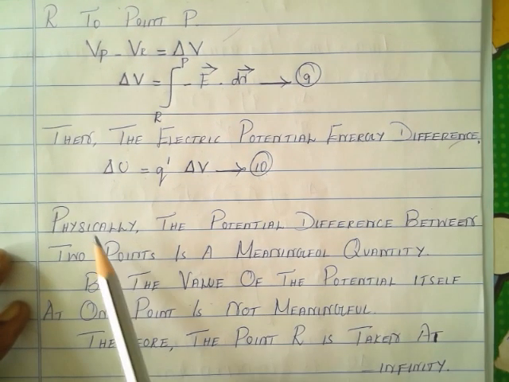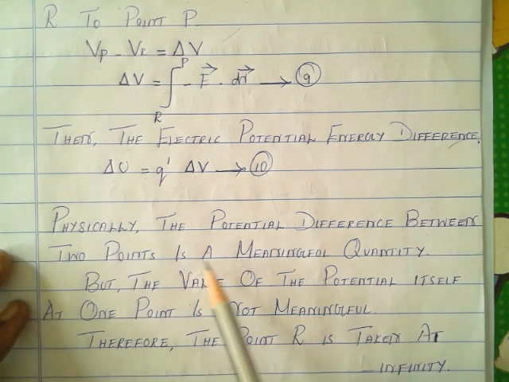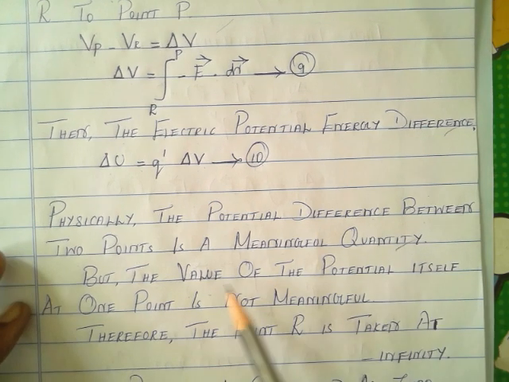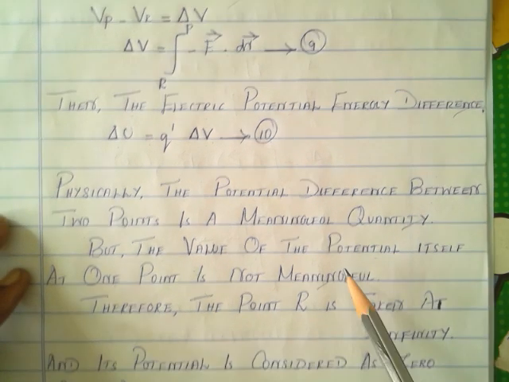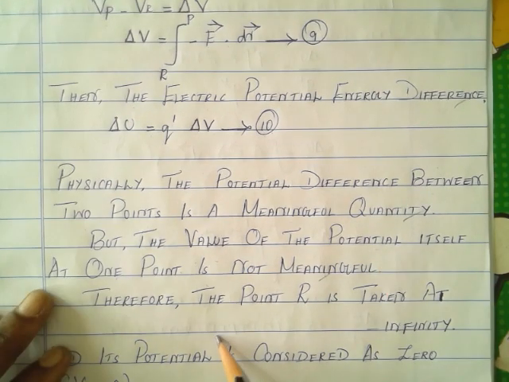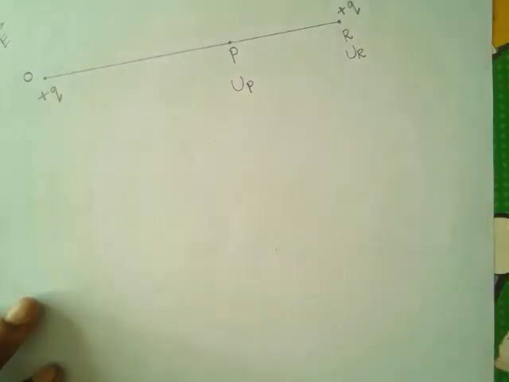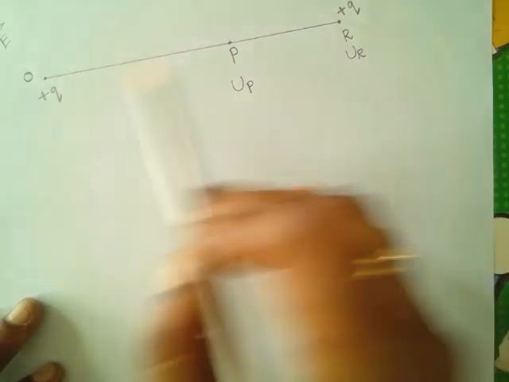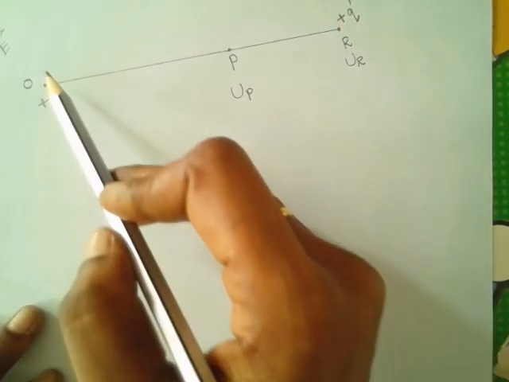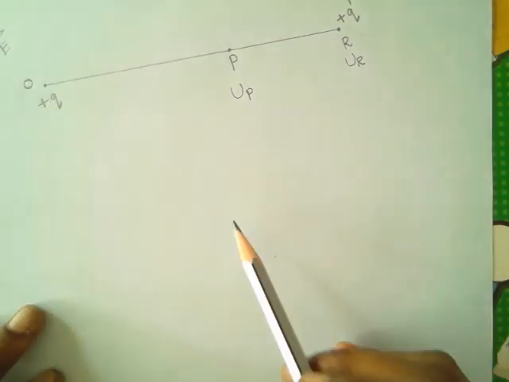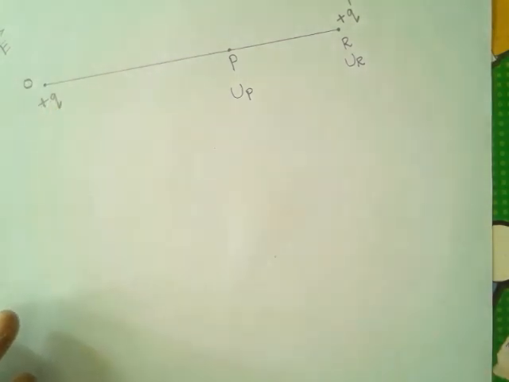Physically, the potential difference between the two points is a meaningful quantity, but the value of the potential itself at a point is not meaningful. If we consider two point charges, there is a potential difference between these two points, and if we consider only one point, that point has a potential only.